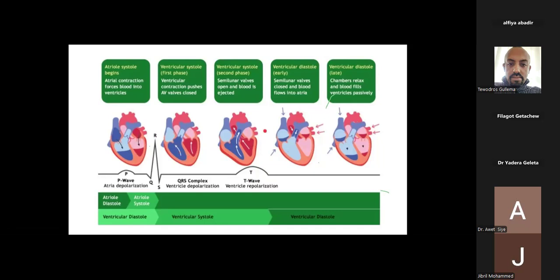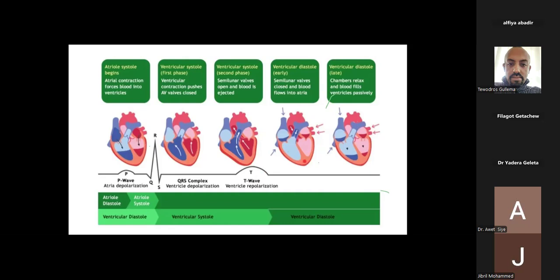These two phases are characterized by the QRS complex. Then after that there will be relaxation. The ventricle relaxes, which is ventricular repolarization, and during the isovolumic relaxation period all valves are closed, as you see. The ventricle undergoes relaxation, which is the beginning of diastole. The T wave tells you the beginning of diastole.